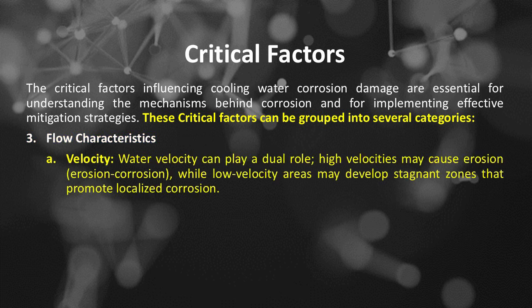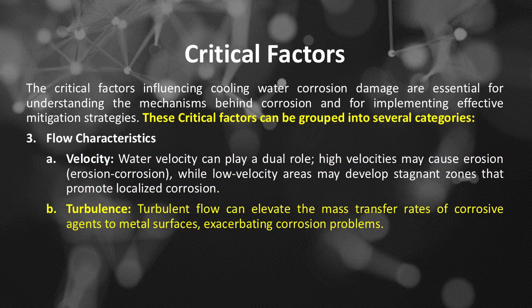Number A, velocity. Water velocity can play a dual role. High velocities may cause erosion corrosion, while low velocity areas may develop stagnant zones that promote localized corrosion. Number B, turbulence. Turbulent flow can elevate the mass transfer rates of corrosive agents to metal surfaces, exacerbating corrosion problems.